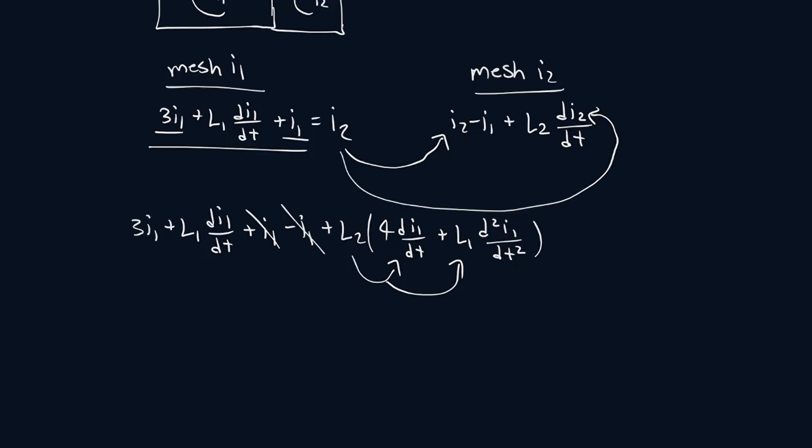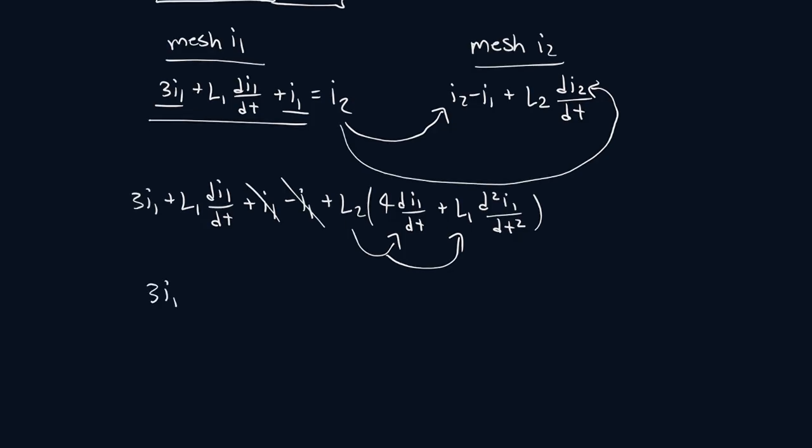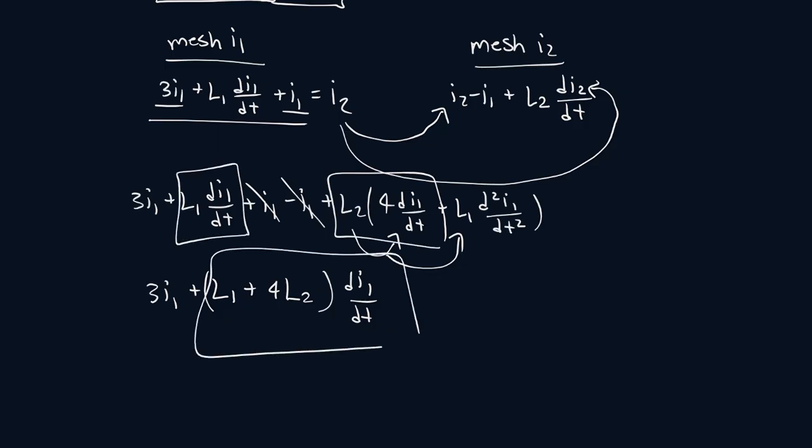So we get the following: 3I1 plus (L1 plus 4L2) di1 over dt. I'm just adding these two up. That's what's going on here.